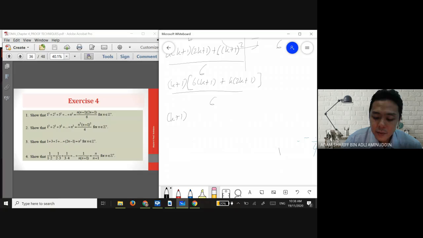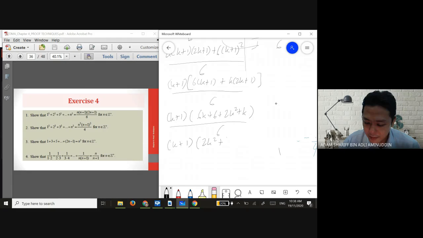Proceed, k plus 1. I expand: 6k plus 6 plus 2k squared plus k over 6. Then it becomes k plus 1, 2k squared plus 7k plus 6 over 6.